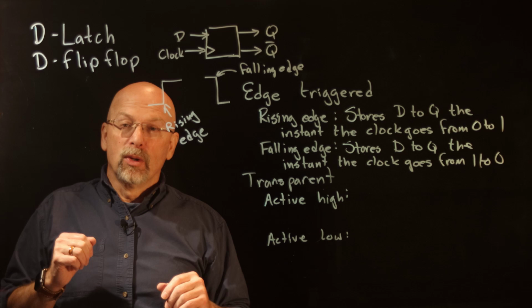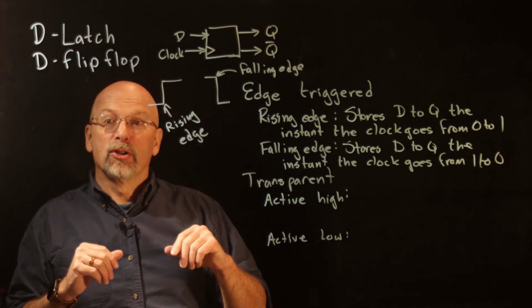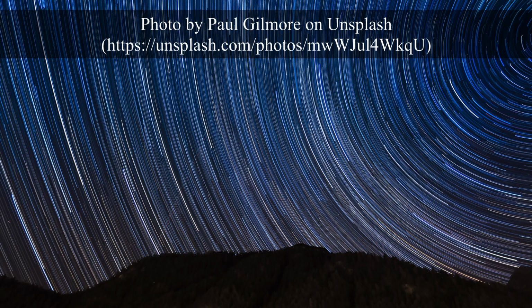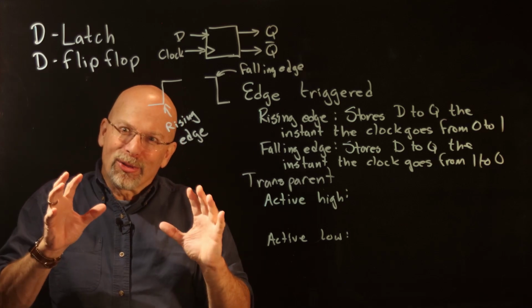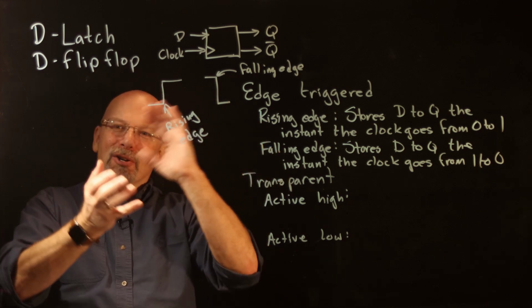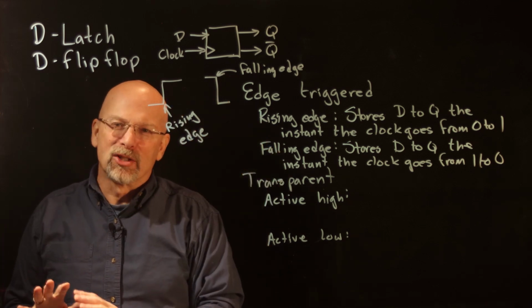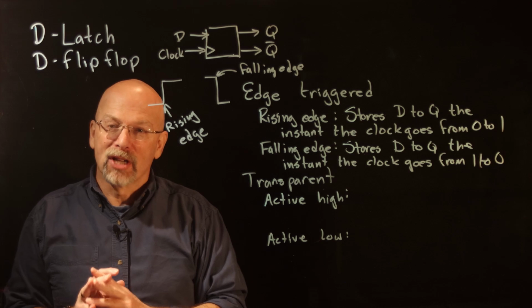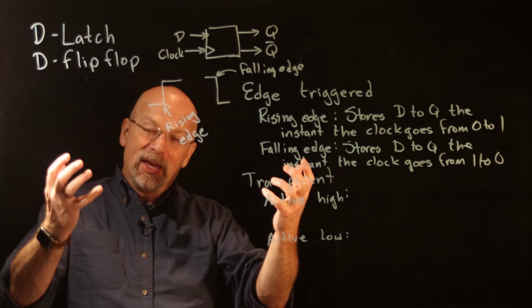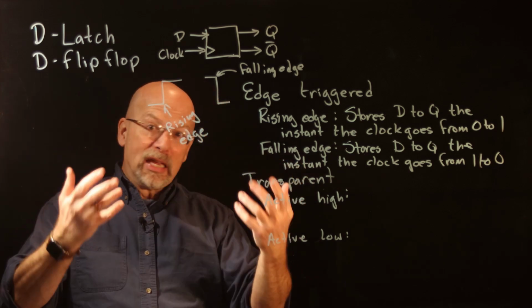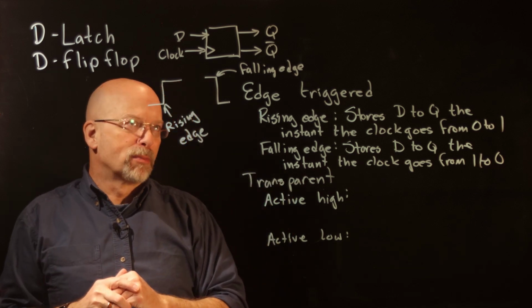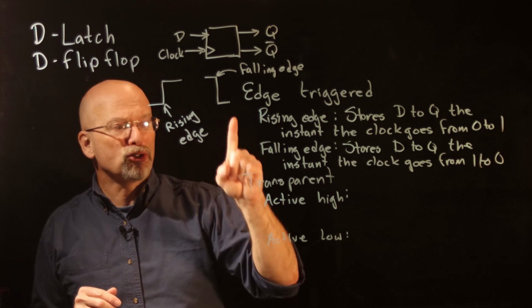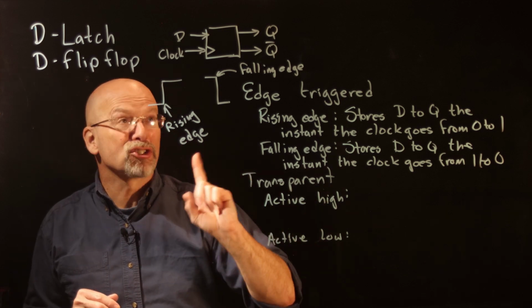There are also really cool images where you can point the camera up at the North Star and you can see all the stars kind of spinning around it. They're not spinning, we are, but our stationary Earth, right, looks like the stars are spinning. That also is a case where you have the shutter open for a very long time. Now, as long as the shutter's open, all that image, any changes, everything is coming straight through in order to be captured by the camera. This is true for transparent latches too.